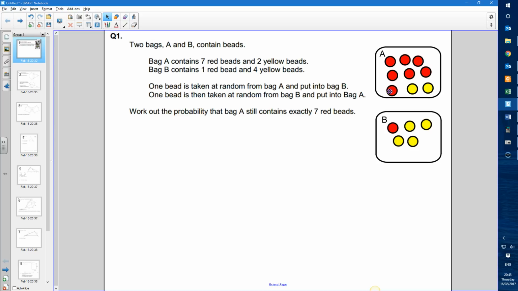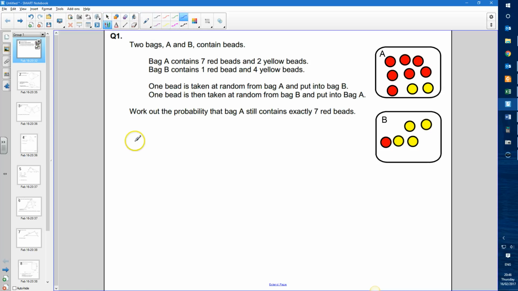We're choosing it at random, and it goes into bag B. Then we're taking a bead from bag B and putting it back into bag A. Because we want bag A to still contain 7 red beads, if a red bead moved from bag A into bag B, then a red bead, either one of these, would need to move from bag B back into bag A. So one possibility is red followed by red.